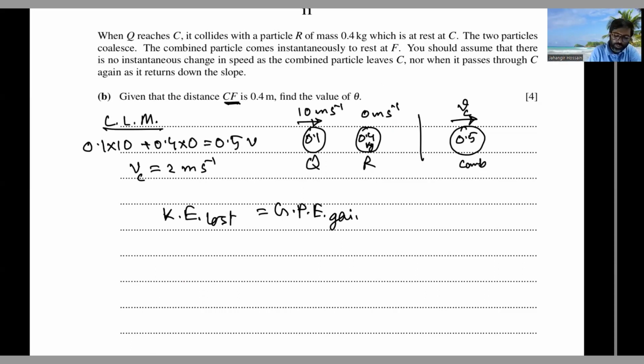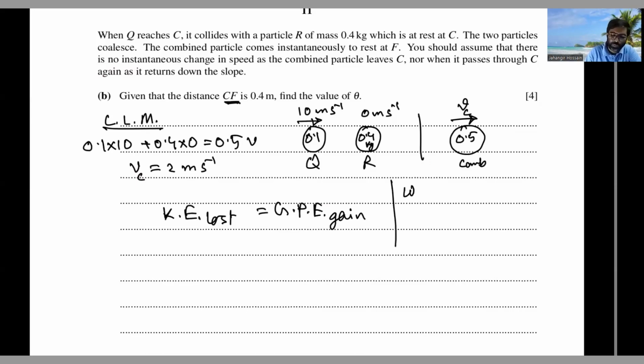Because from the work energy principle, you can generalize: work by external force plus loss equals gain plus work against resistance or friction. There is no external force involved in this situation, so the work by external force is not here, and there is no friction, so that is also missing here. So we have only loss equal to gain, that's KE loss equal to PE gain.